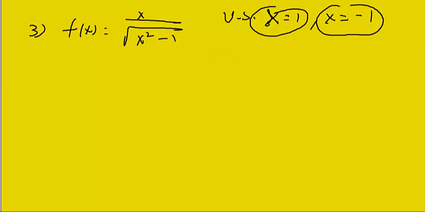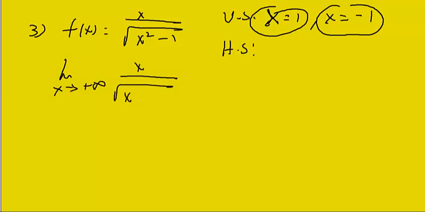All right, horizontal asymptotes. Got to do some work. Limit as x goes to positive infinity of x over square root of x squared minus 1. I will have to multiply the bottom by 1 over x squared, square rooted, because I have to go inside the radical. I'm going to multiply the top by 1 over x, because that's my highest power. It's the same thing.